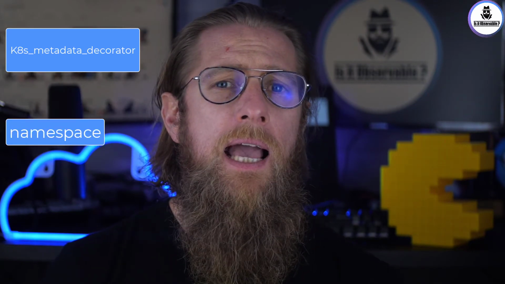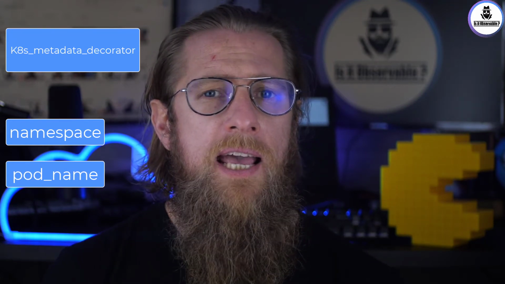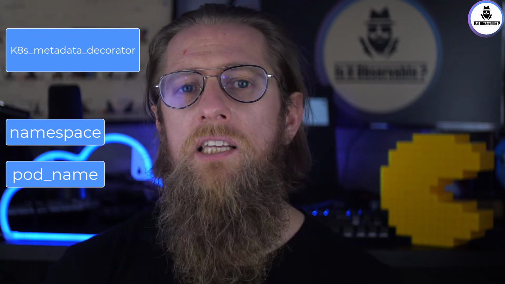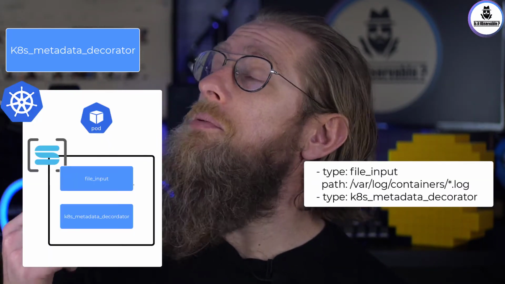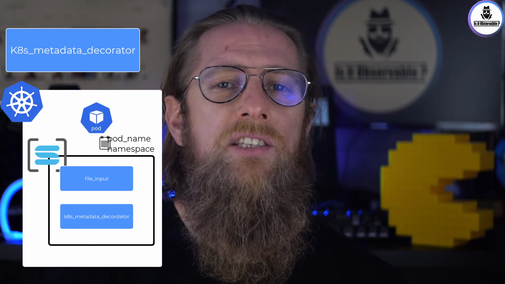To get efficient results, you will need to specify the namespace and the pod name. You can customize the name of the fields containing your namespace or pod with the namespace field and the pod name field. So here is an example. We used just the type Kubernetes metadata decorator.